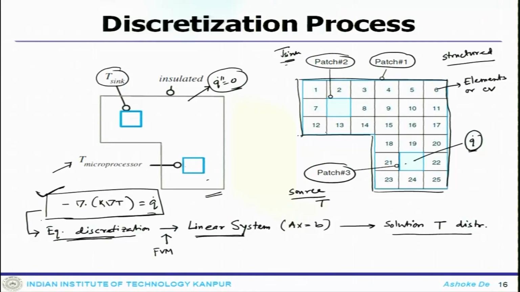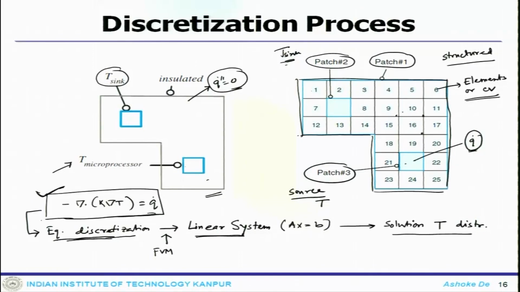If you see this particular domain, we have assigned 1 to 25 elements, or the small sub-elements or control volumes; these are all finite control volumes. What is important to note here is that each of these interior points, you can say the interior vertices, but this control volume, or the finite control volumes which are the interior elements, are connected with neighboring elements.